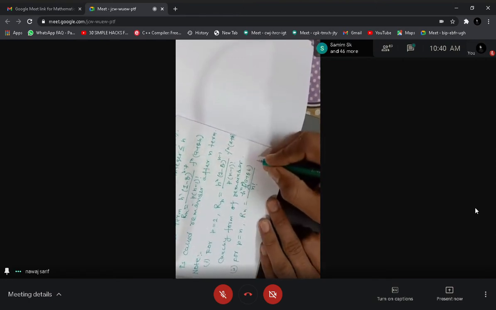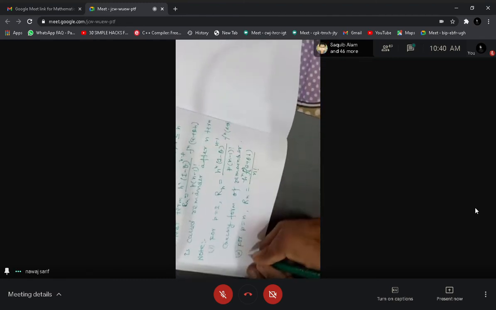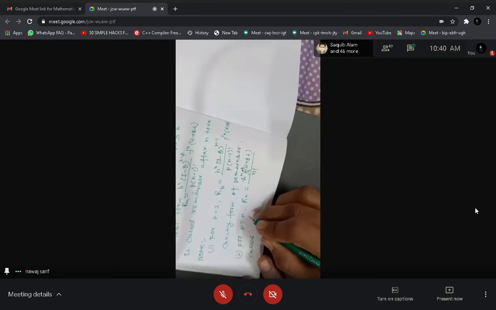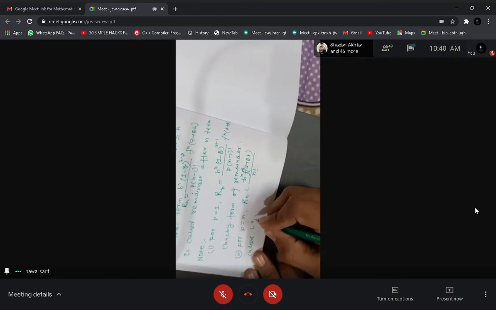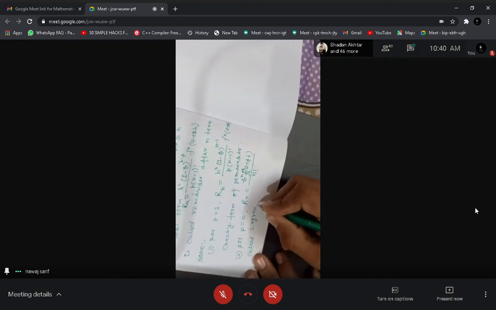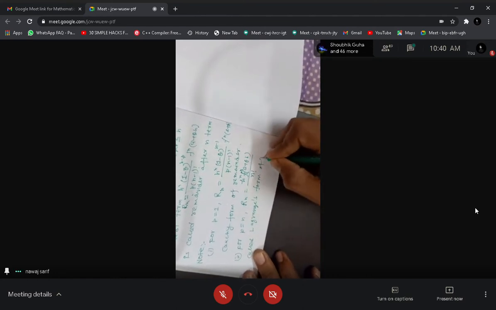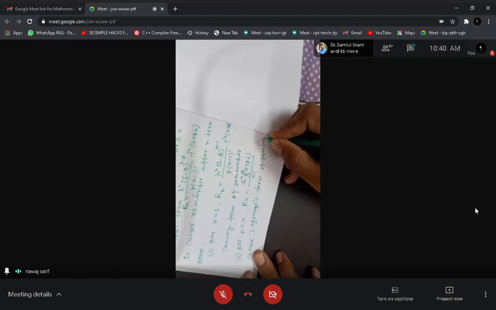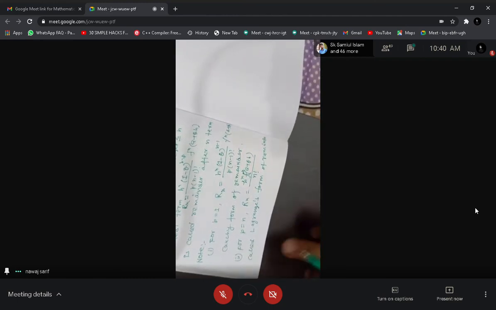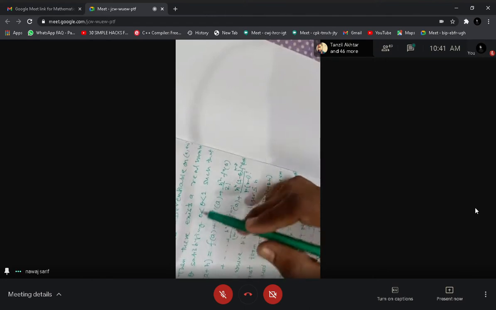This is called Lagrange's form of remainder. So for p equal to 1, Cauchy form of remainder, and for p equal to n, Lagrange's form of remainder. This is the Taylor's expansion in the interval a to a plus h.